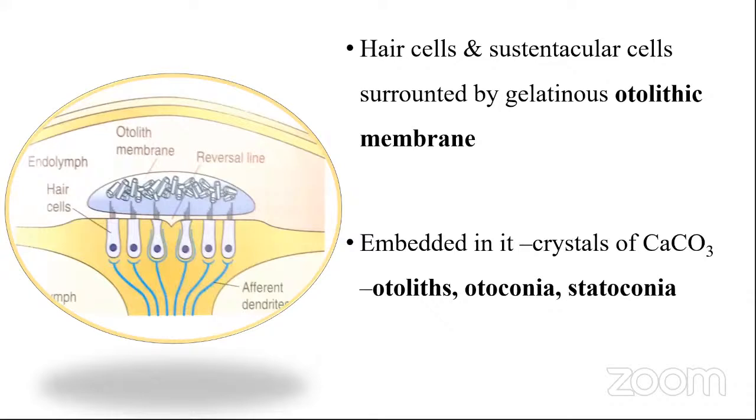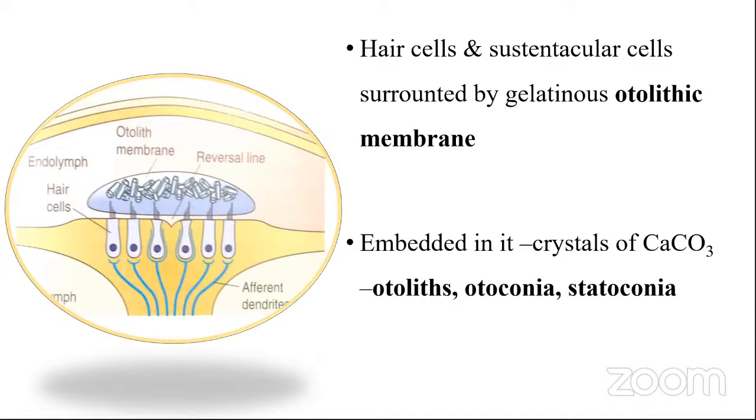So, in the blue oval shaped structure, that is the otolithic membrane, inside it you can see the otoliths, otoconia, and statoconia. They are crystals of calcium carbonate embedded.